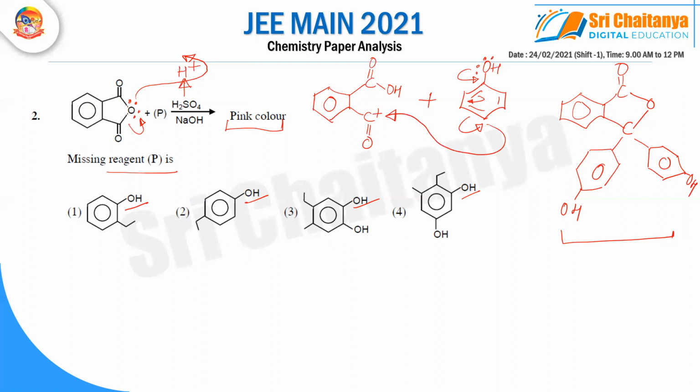And as a result, the charge of the carbon atom will be gone. So what we have? We have this particular product. This particular oxygen will bear a formal charge of +1.